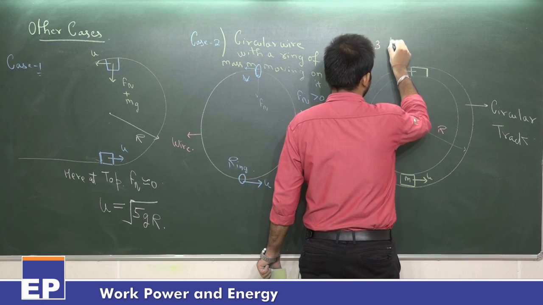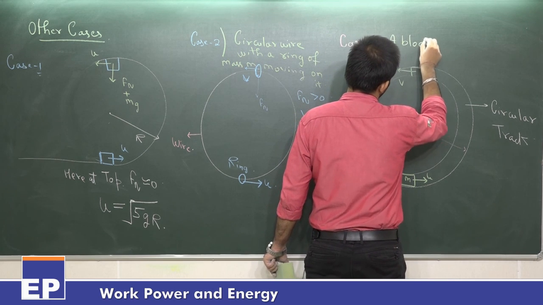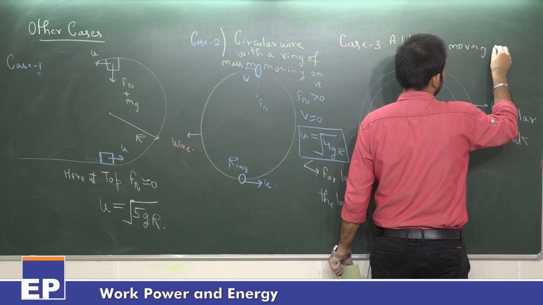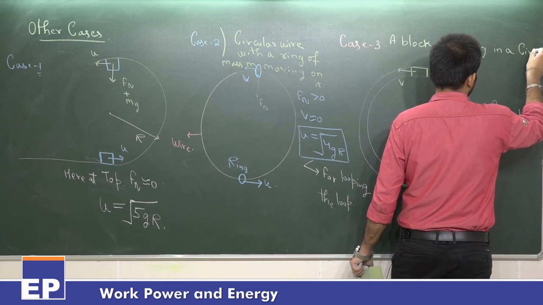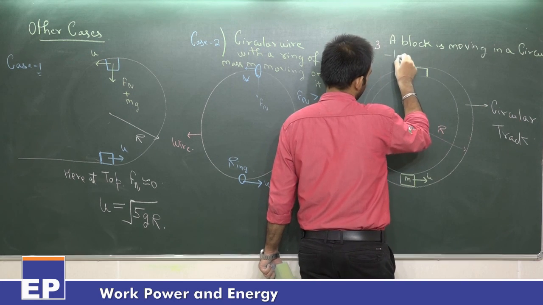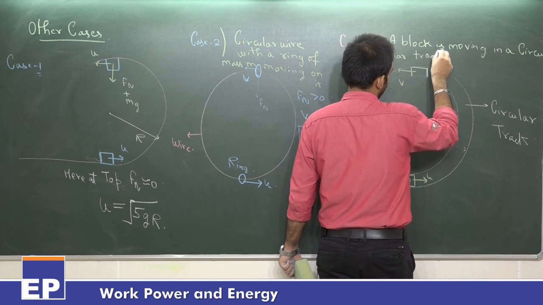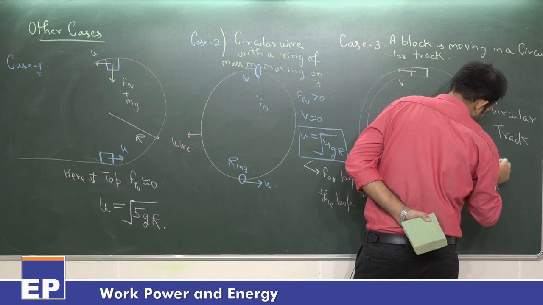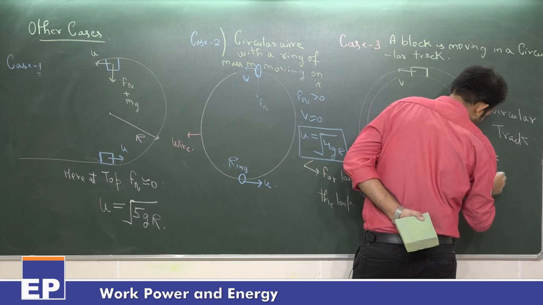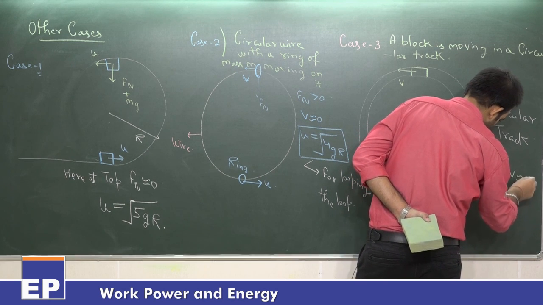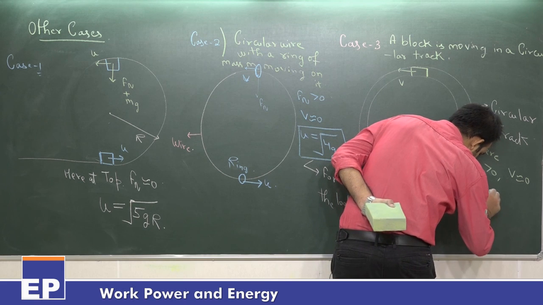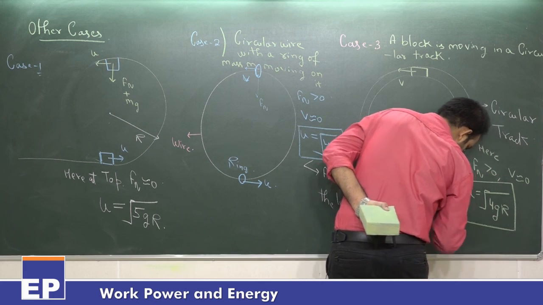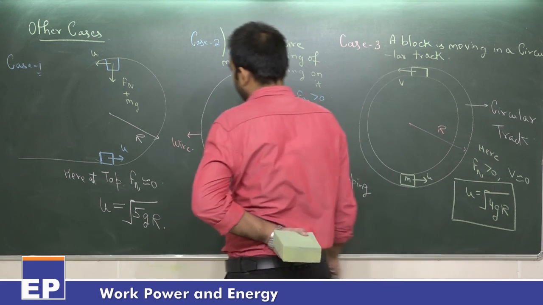Here also a block is moving in a circular track. What is v here? Fn will always be 0. v can be 0. If v can be 0, then u is under root 4gr. Root 4gr is possible. Is it clear?